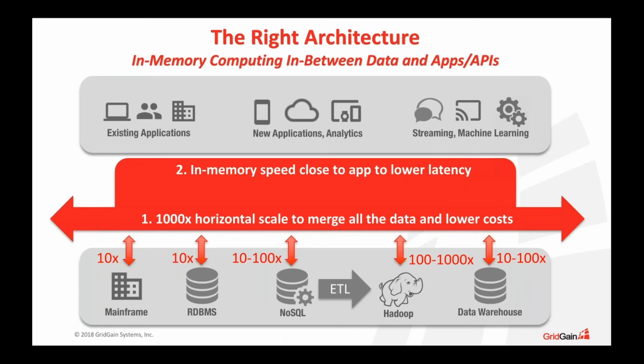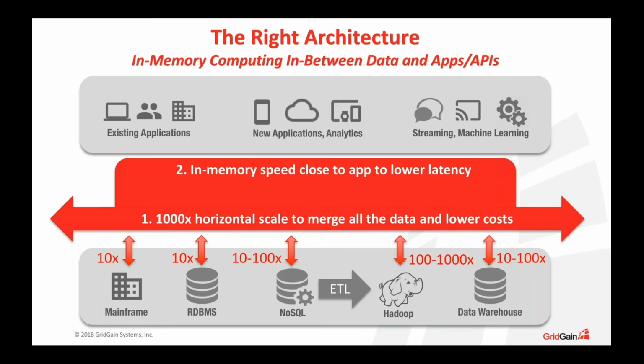Two, use memory to move the data closer to the app and into RAM, so that you don't even have to wait for a seek to disk to get at the data. And that's how they're lowering latency.